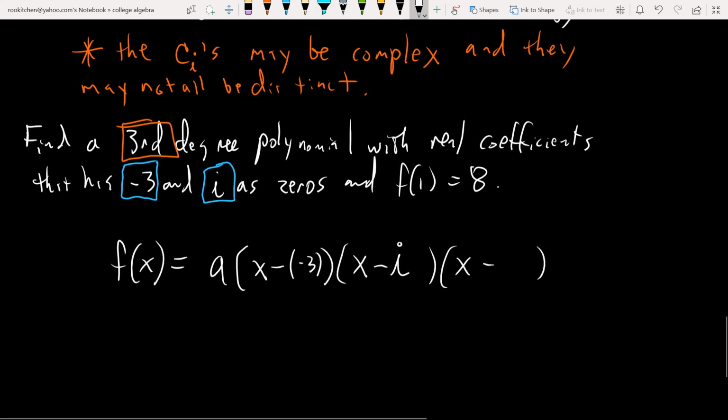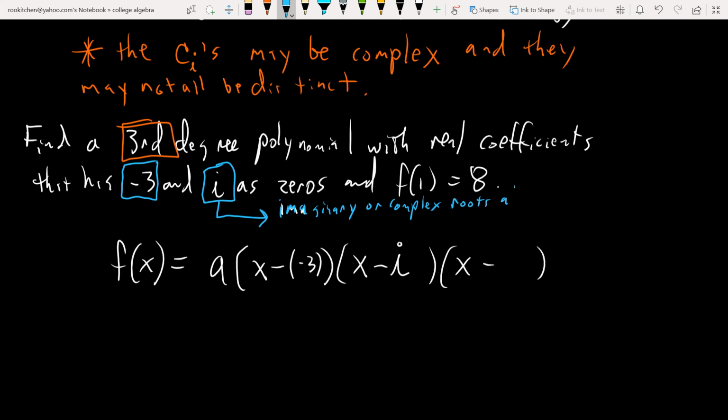One side note is that if you have one imaginary number, these complex numbers always occur in conjugates. What does that mean? That means if you know that i is one of the zeros, you'll also have -i as a zero. So let me write that. Imaginary or complex roots always occur in conjugates.